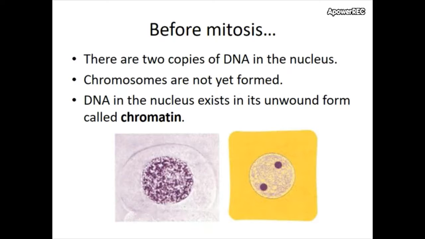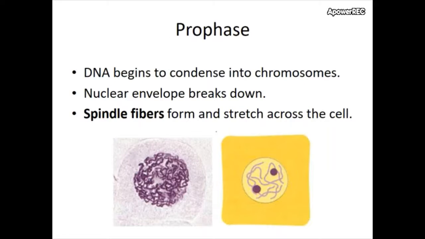So let's begin before mitosis. There are two copies of DNA in the nucleus. However, chromosomes have not yet formed, and instead the DNA in the nucleus exists in its unwound form called chromatin. So we can see here and here, right? In prophase, DNA begins to condense into chromosomes.